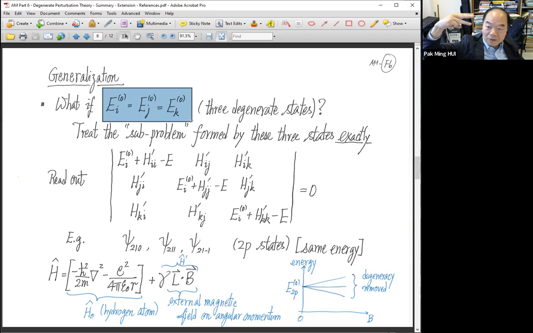Now, you will see this in something called the Zeeman effect very soon, in the first part of atomic physics. So the idea is very simple. When you cannot do approximation on the small matrix, do it exactly. Done. That is perturbation theory. No matter whether it is non-degenerate or degenerate, it's the same spirit.